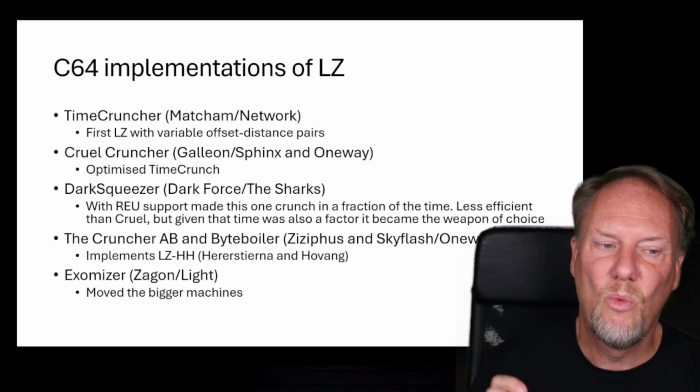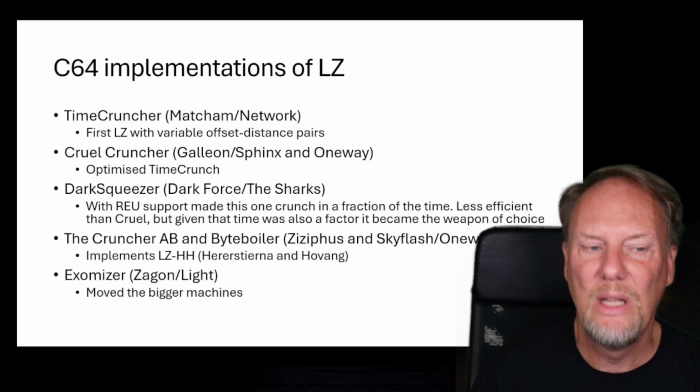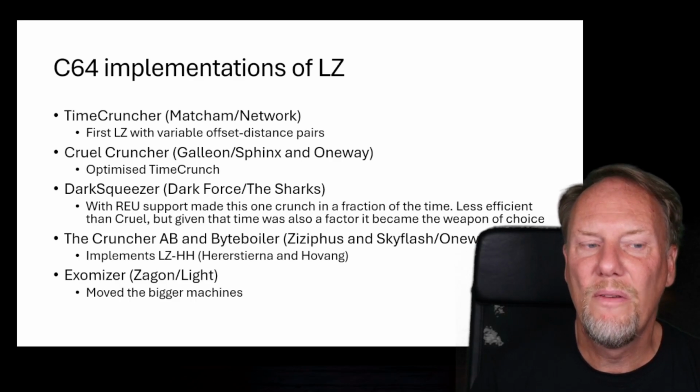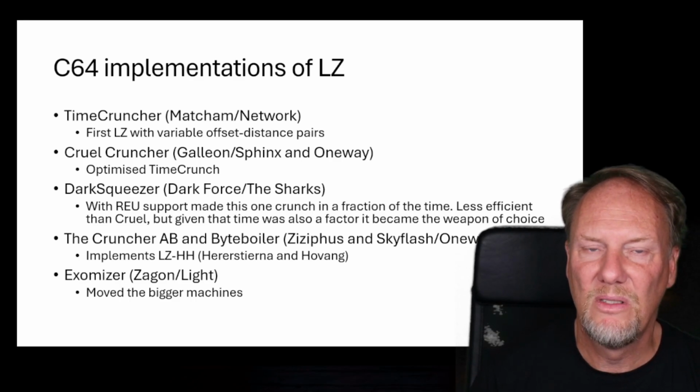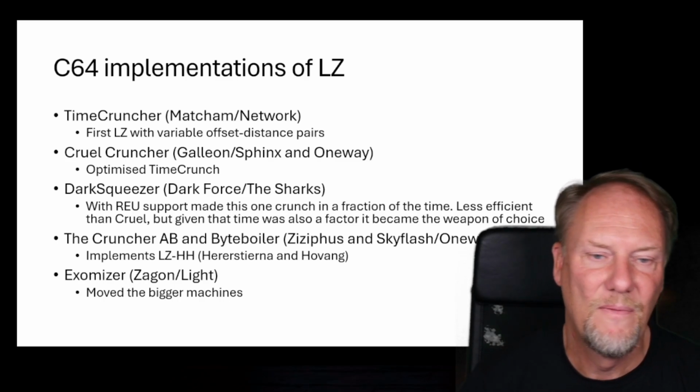So Dark Squeezer was my go-to tool for a number of years. The IFFL we did, my level crunching and the normal crunching, all of that used Dark Squeezer because it was so good and so convenient.